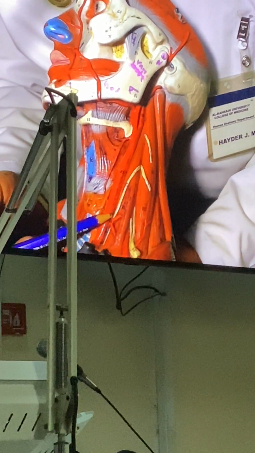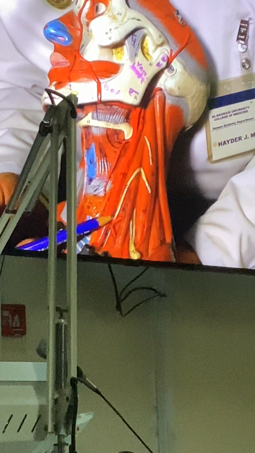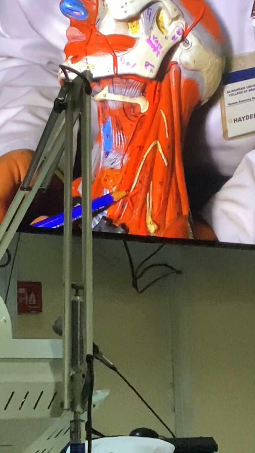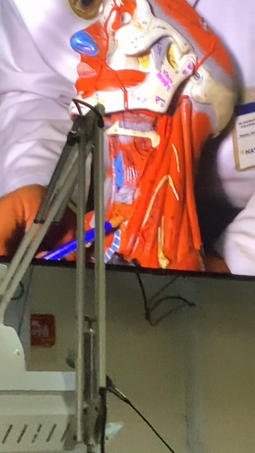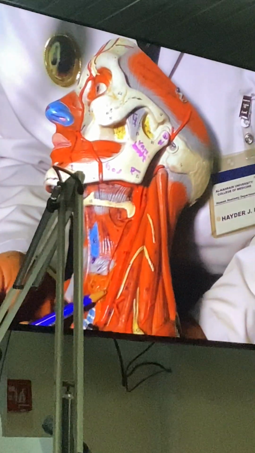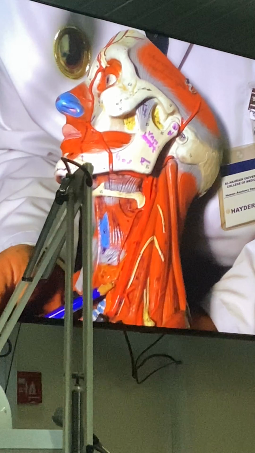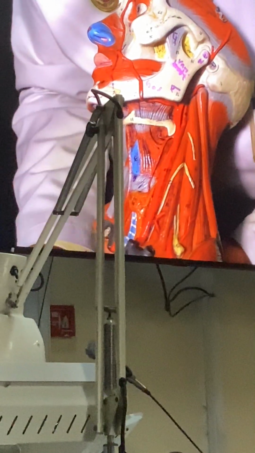And if you ligate this branch, which is called the inferior thyroid artery, please ligate it here on scalenus anterior. Because when it is arching to become nearer to the thyroid gland, it will be in the groove between the trachea and the esophagus, adjacent to the nerve running in this groove, which is the recurrent laryngeal nerve.